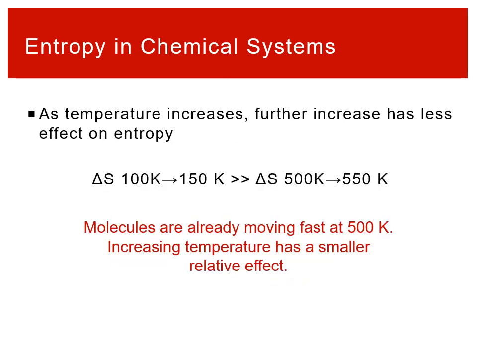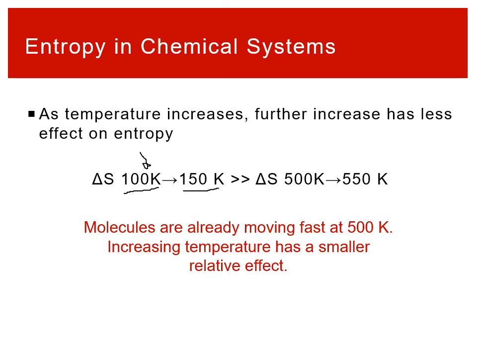When we're talking about changing the entropy by changing the temperature, as we increase the temperature, the relative change in entropy decreases. Because basically the change in entropy is related to the proportional change in temperature. So if you were, say, to look at the change in entropy of going from 100 Kelvin, so cold, to 150 Kelvin, still quite cold, that is a huge relative change in the motion, right?